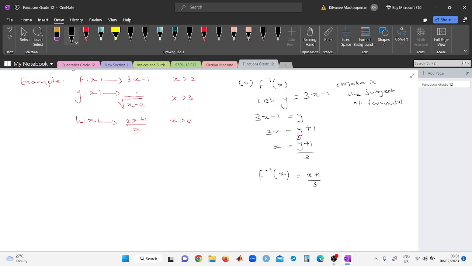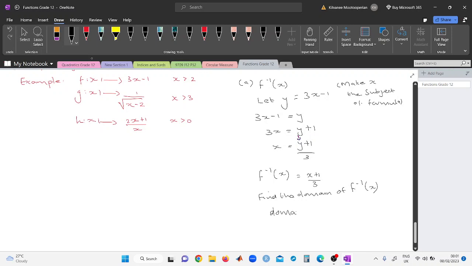Maintenant, si on m'a dit, par exemple, find the domain of f inverse of x. Moi, je sais que domain of f inverse is equal to the range of f of x. Donc, plus simple, je trouve range of f of x.